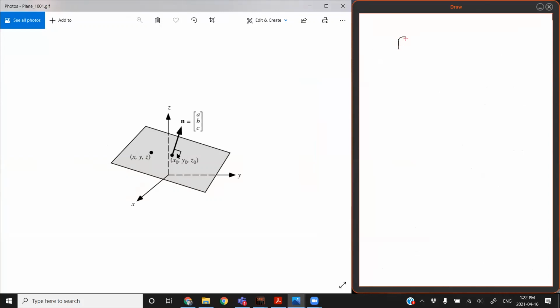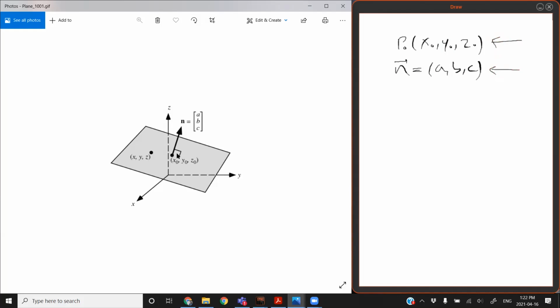So you have a point P0, X0, Y0, Z0, and you have a vector called a normal vector like this, ABC. My argument is that if you have these two pieces of information, then there is only one plane that would pass through this point and be orthogonal to this vector.